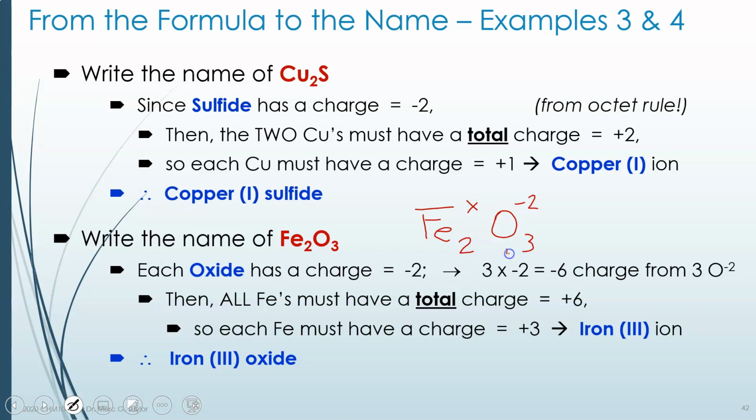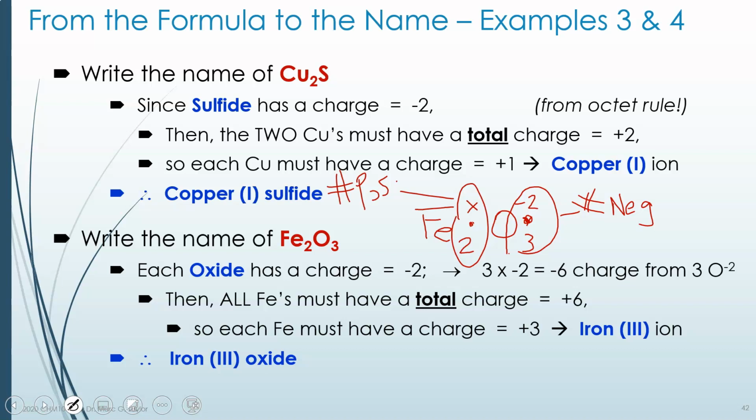But what we do know is that when we multiply these two numbers, that is the number of negative charges. And when we multiply these two numbers together, that is the number of positive charges. In other words, this times this, I'll put a little dot there, must equal this times this.